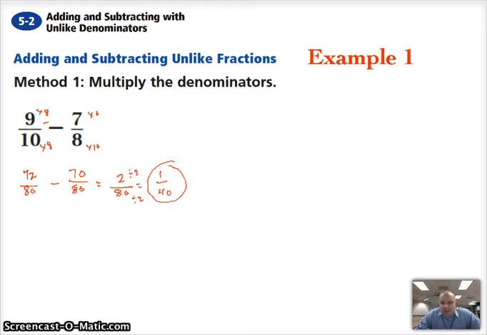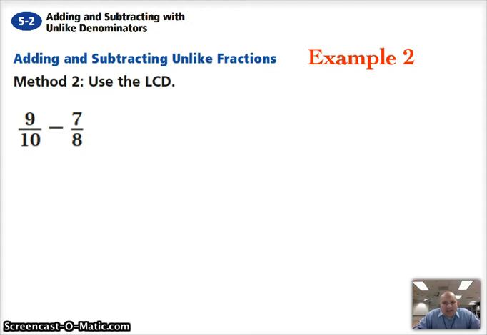Okay. Next example. We have the exact same problem, 9/10 minus 7/8. But this time we're going to use the least common denominator. So I'm going to go ahead and take the 10 and the 8. I'm going to quickly figure out what the prime factorization is. And then if you recall, we're going to take these prime factor trees and we're going to take the biggest power of all of them after we've written down all the prime numbers that are involved.